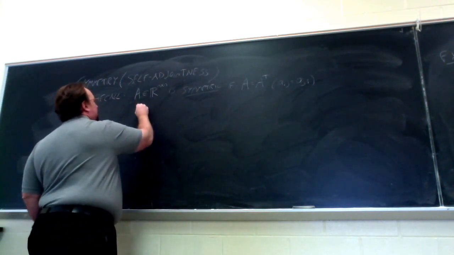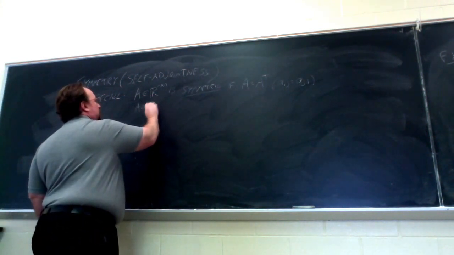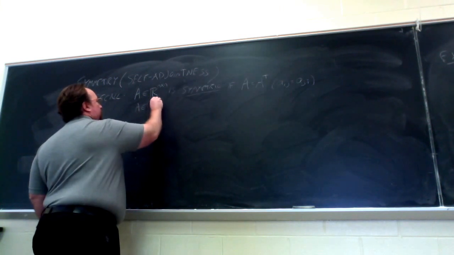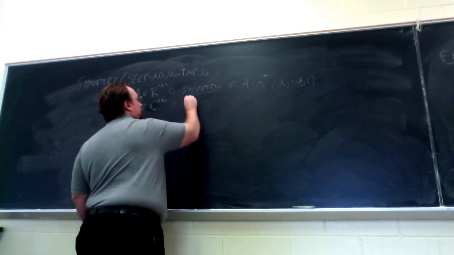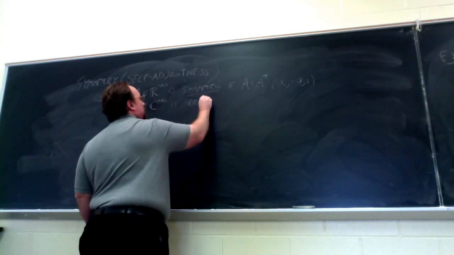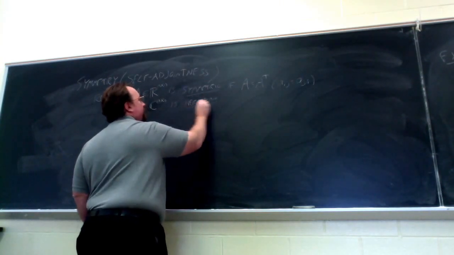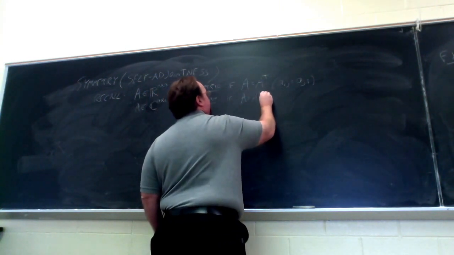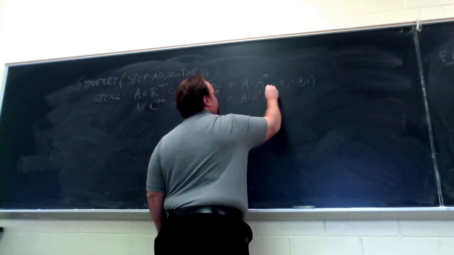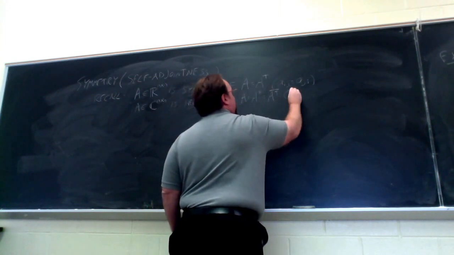Actually, I'll give a proper complex analog to that. A is Hermitian if A is equal to its Hermitian transpose, which is the same as the transpose of the complex conjugates.